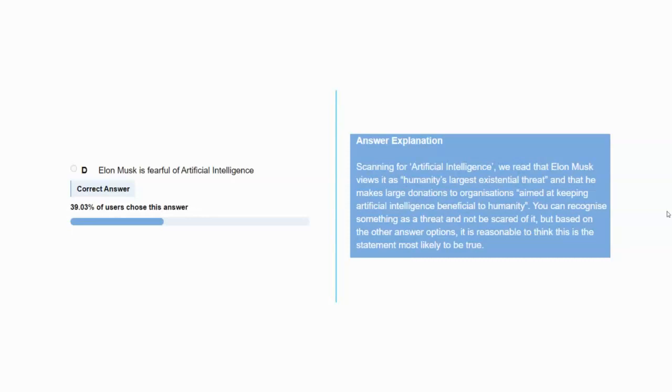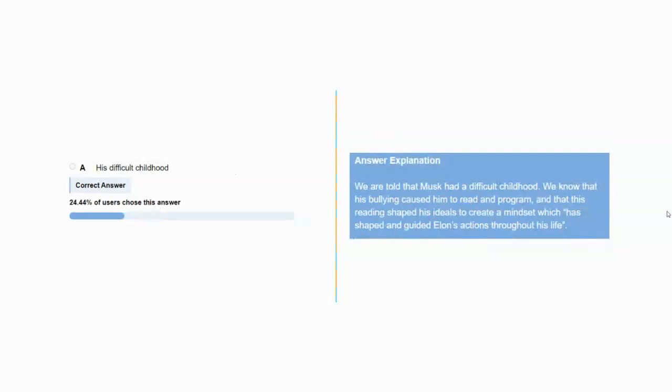He hasn't just done the motor industry, he's done PayPal, SpaceX, other stuff, and it mentions that in the exact same sentence. So you can't assume it's all down to the motor industry, and that's the only reason that was wrong.